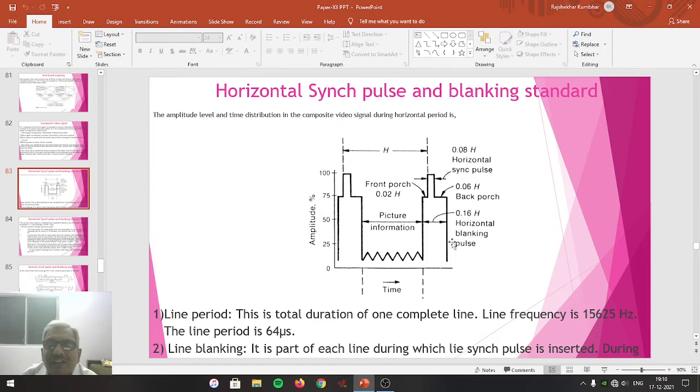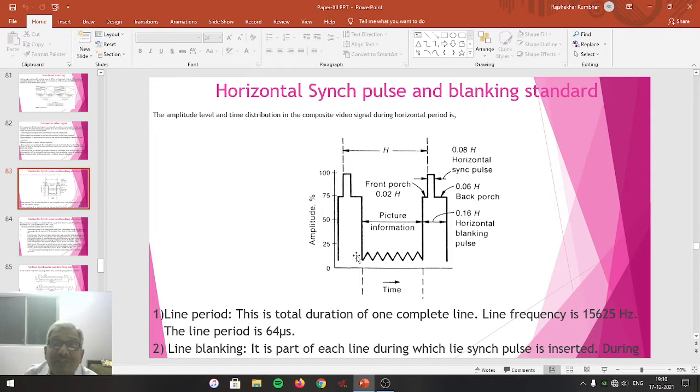We are well aware that the trace period is 52 microseconds, within which the picture information is present, whereas the retrace period is only 12 microseconds. This 12 microsecond pulse is going to be divided into different parts. The combination of picture information plus blanking pulse is together known as the line period.